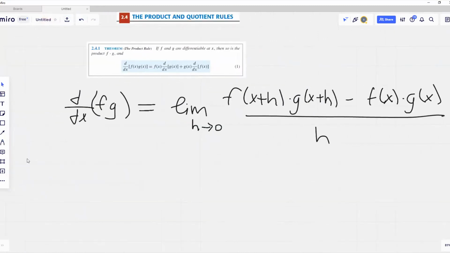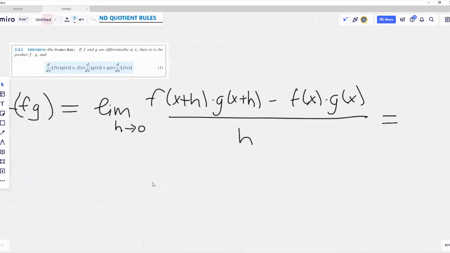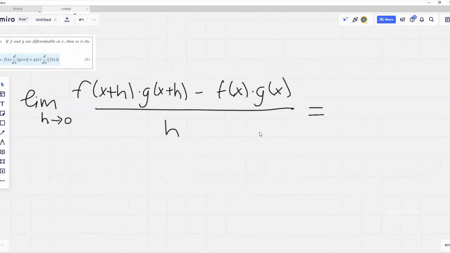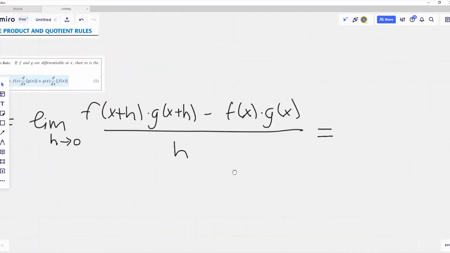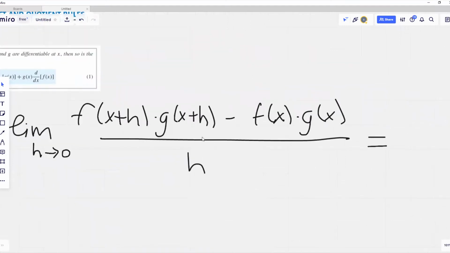Okay, now we are going to do the following trick in an attempt to split up the stuff that we have in our numerator. We will group them up in the following nice way.